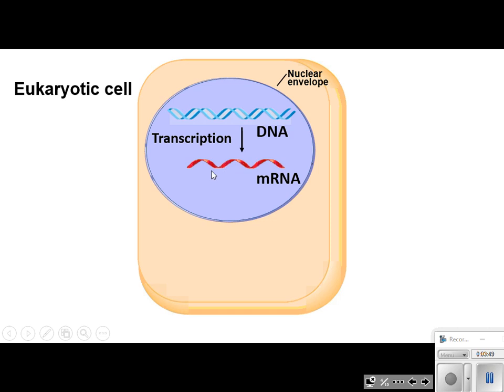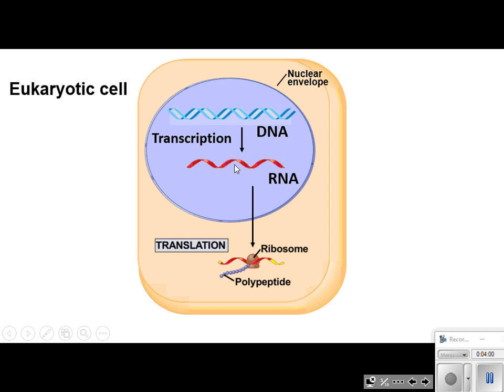Because the mRNA, remember we said the other day it's like the blueprint. So the mRNA then goes out into the cytoplasm, which is where we have the translation occurring. See how this mRNA there goes into the ribosome and is read out, and then we have the polypeptide.